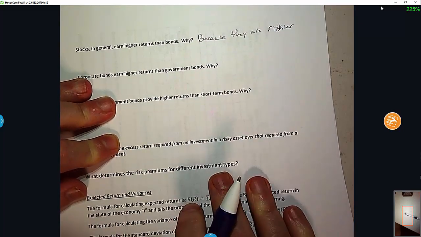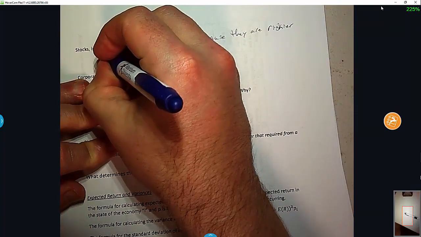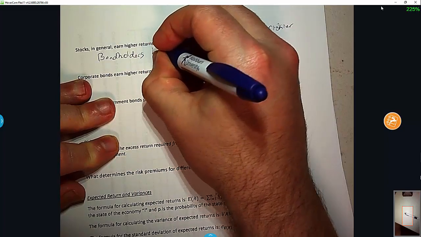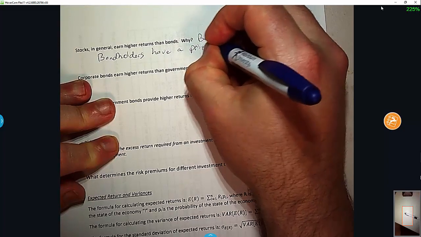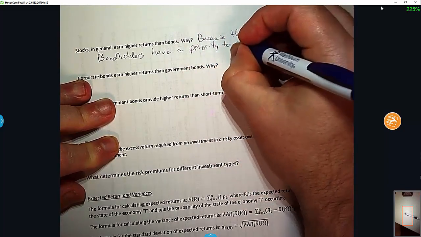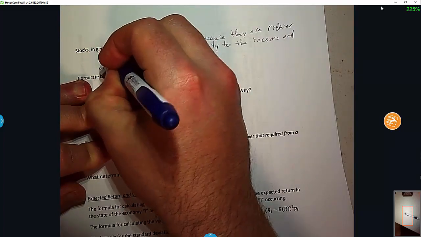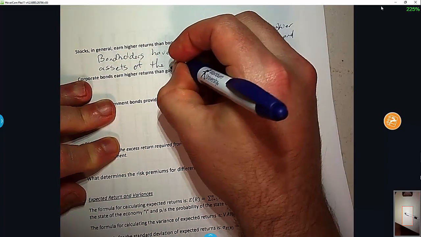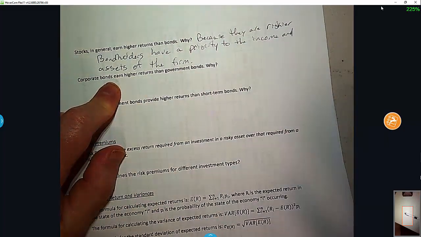And we've talked about this before, but bondholders have a priority to the income and assets of the firm, meaning that bondholders get their interest payments first before stockholders receive dividends.